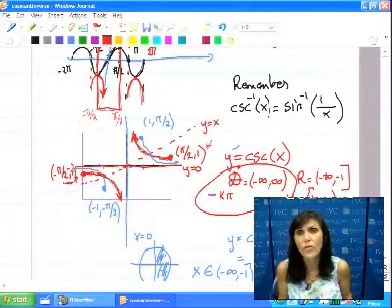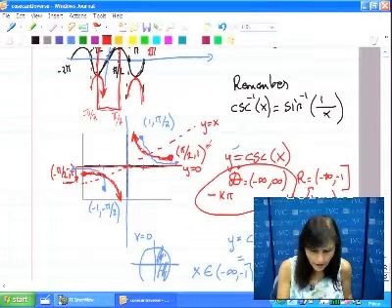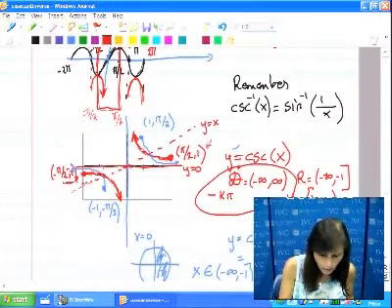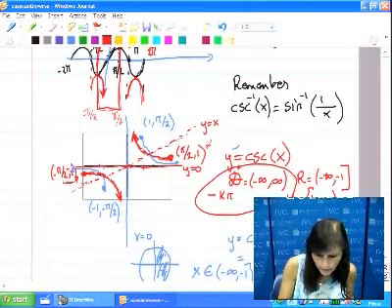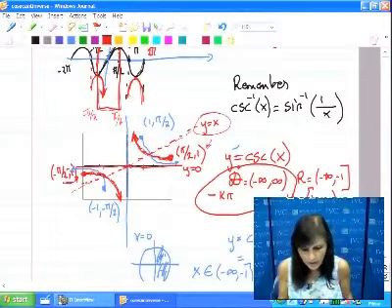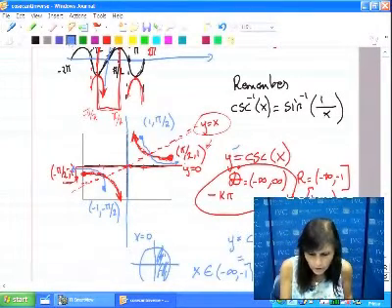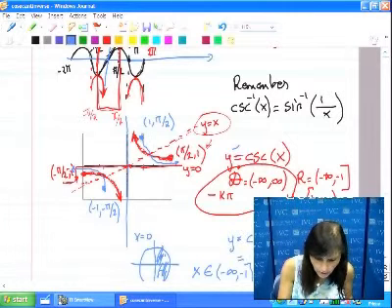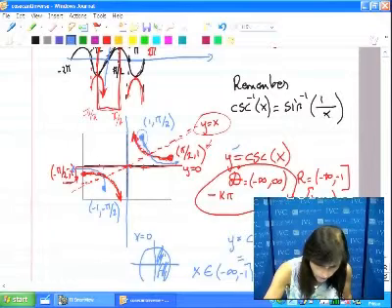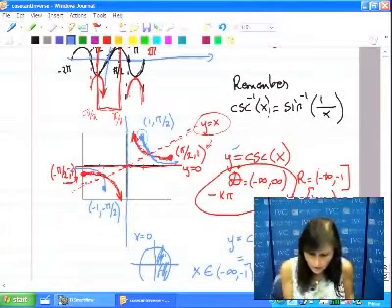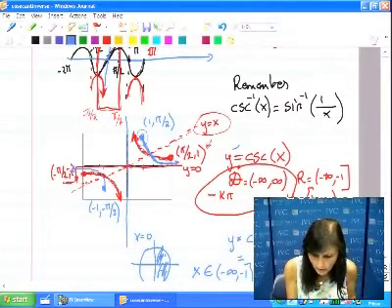Now we are going to try to draw the reflection. So you need to start with y equals x. Remember that? Y equals x. And we're going to attempt so that pi over 2, 1 is going to get reflected to here. Do you see it? And then the vertical asymptote is going to reflect as a horizontal asymptote.